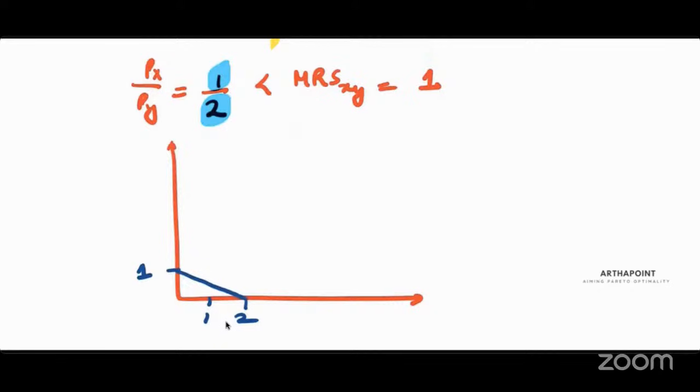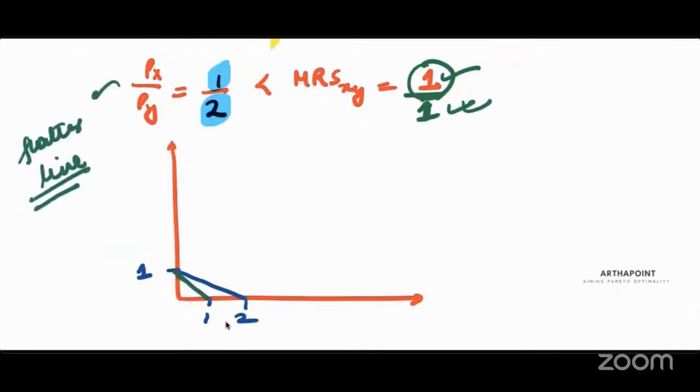Here, because it is 1, perpendicular is also 1 and base is also 1. So you have your indifference curve aligned like this. So clearly, this is a flatter line. Whichever line has a lower slope is always flatter.